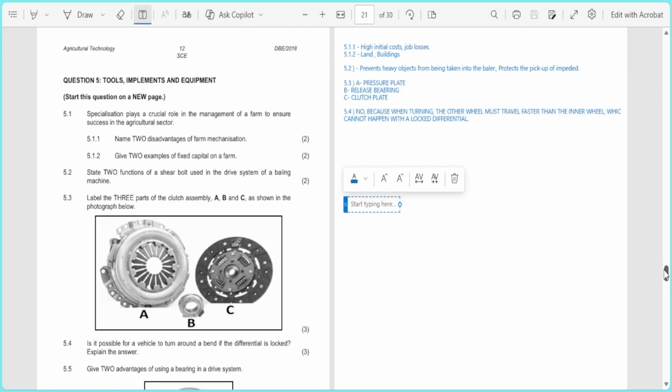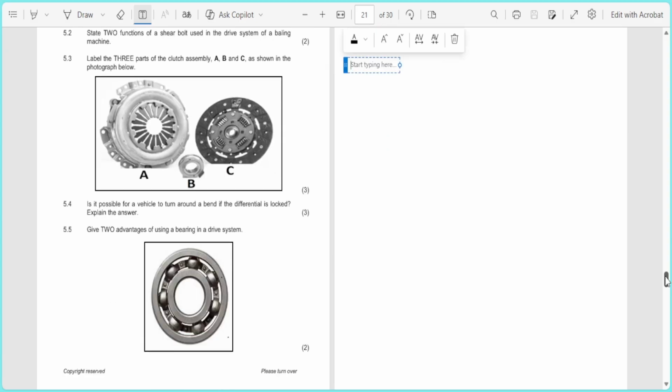Let's go back and let's select black. So 5.5, two advantages. Give two advantages of using. Just for 2 marks.